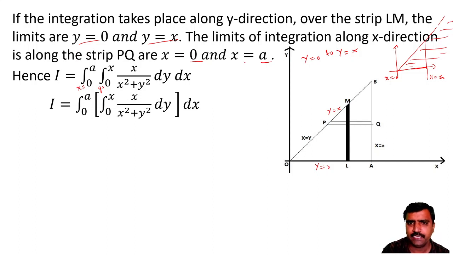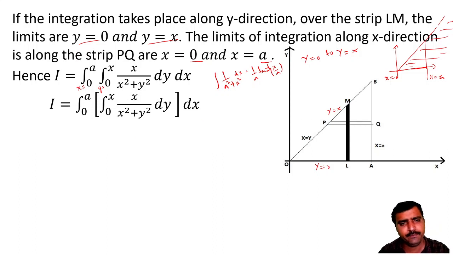Now look, the integration of 1 by a square plus x square with respect to x is 1 by a into tan inverse of x by a, right? Similarly, x is a constant, you keep it outside. Its integration is 1 by x into tan inverse of y by x.